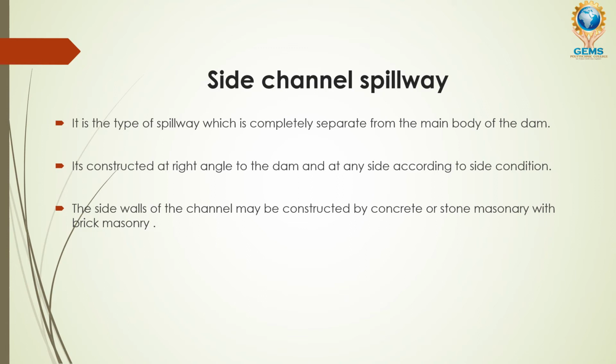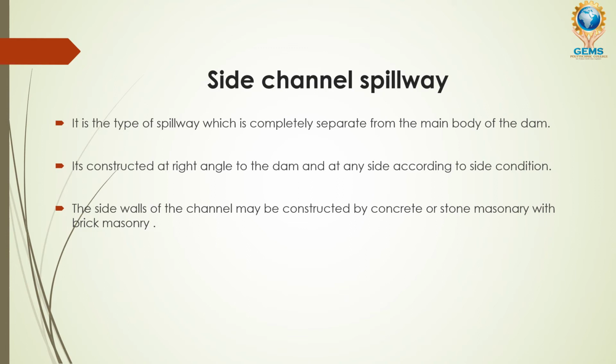It means that if the site where you have constructed your dam is supposed to have boulder or large rocks nearby, you may have to excavate that portion. You may have to clear those rock-like structures to construct this spillway at a right angle, either at a 45-degree angle or at a 90-degree right angle.